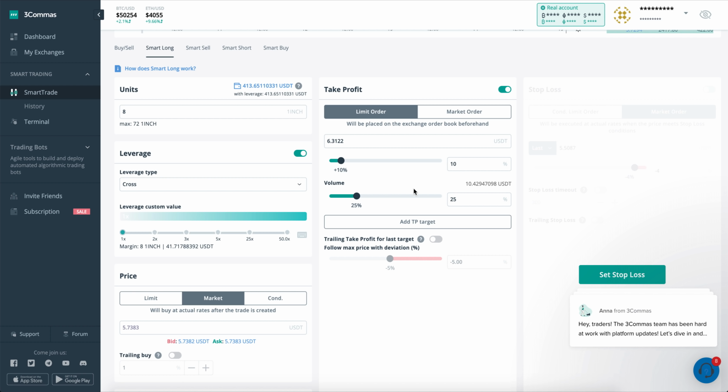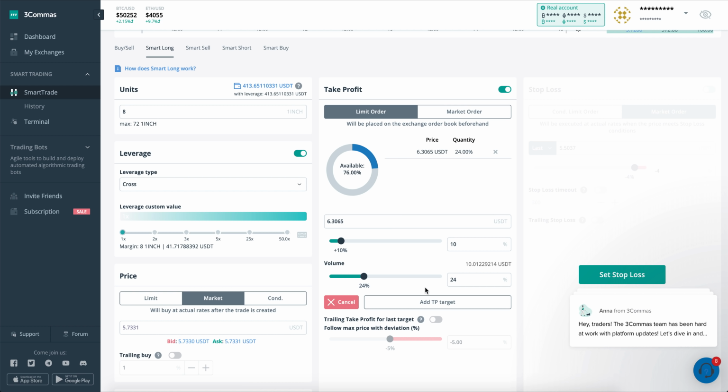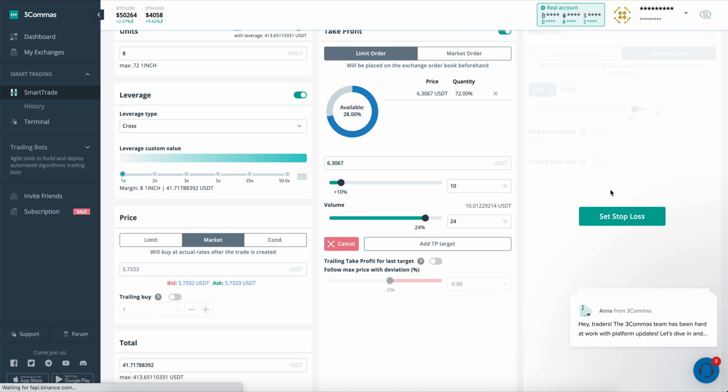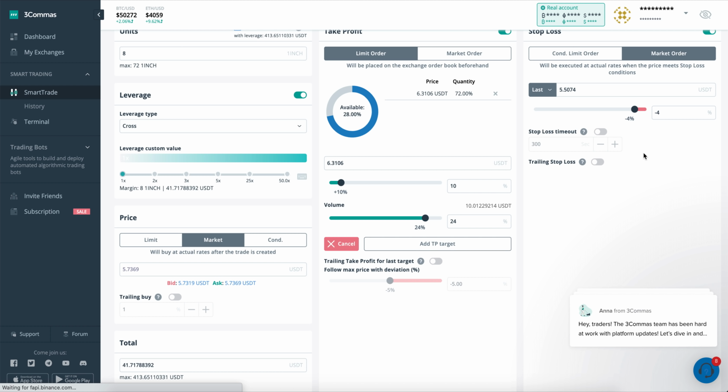You can split the targets, and you could basically say, I want to take out 25%, add take profits. You can add multiple take profits on here, and it's pretty cool. It's pretty cool, actually, the way you can do this with limit orders or market orders. You can set all this up before you even enter the trade. You can set a stop loss in here as well.